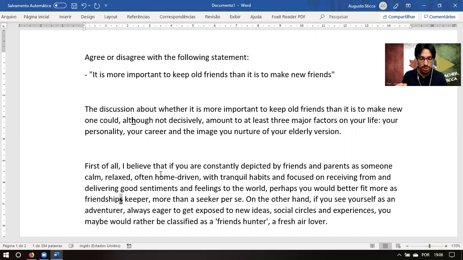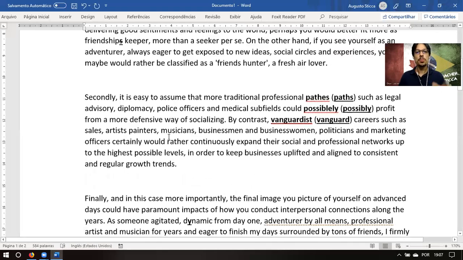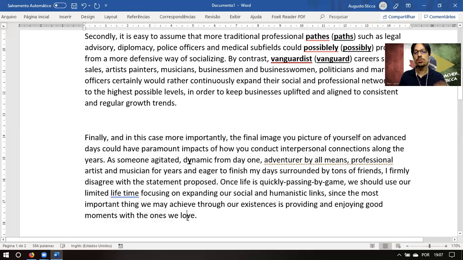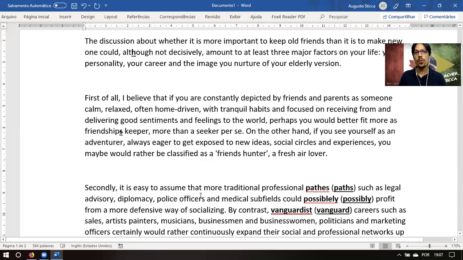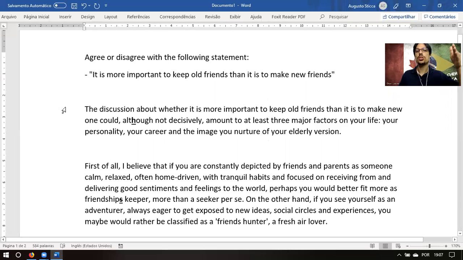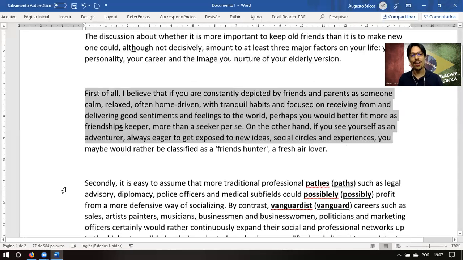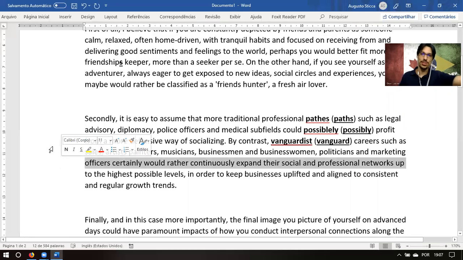The structure TOEFL wants you to use is squarer than the structure you were using. What do I mean? You took a position in the last paragraph. What does TOEFL want you to do? It wants you to take a position in the introduction and use 3 arguments to defend your position.